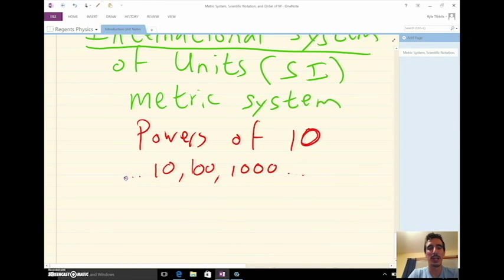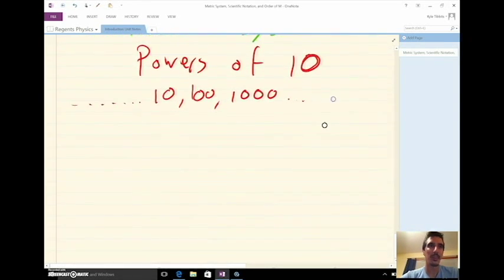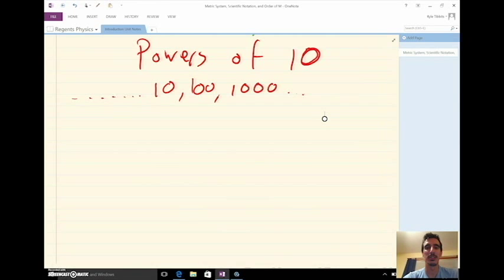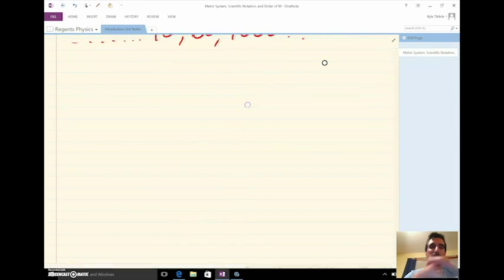And we can also go backwards to the decimal places: tenths, hundredths, thousandths, and ten-thousandths. Okay, so that's how scientists are somewhat lazy, as we go by the powers of 10, and it makes our lives pretty easy. But scientists like to be even lazier, so the next thing they came up with are prefixes.